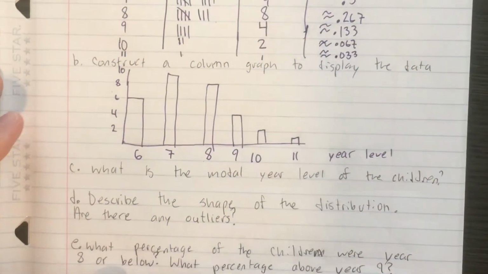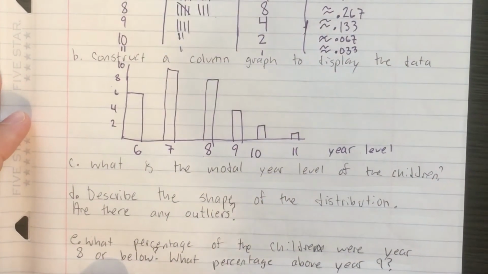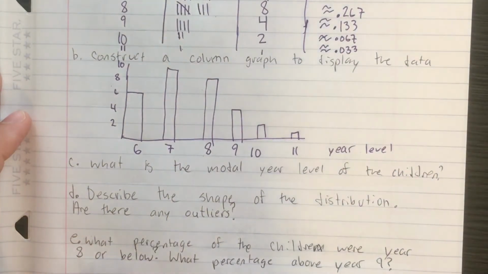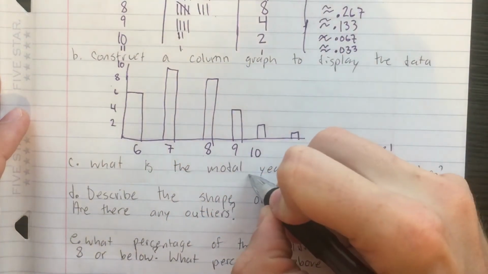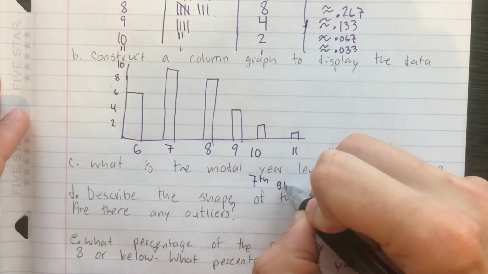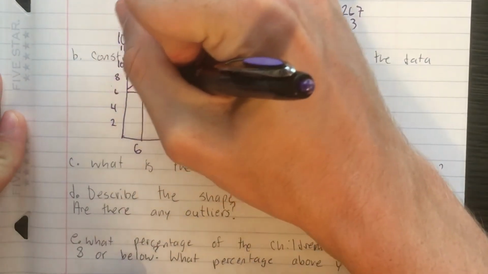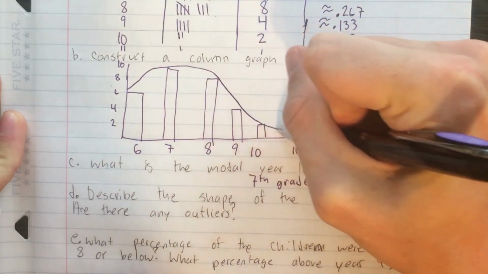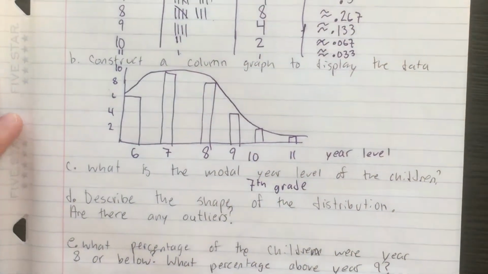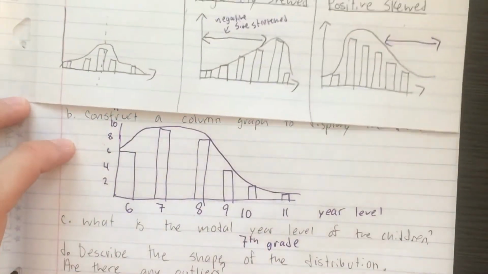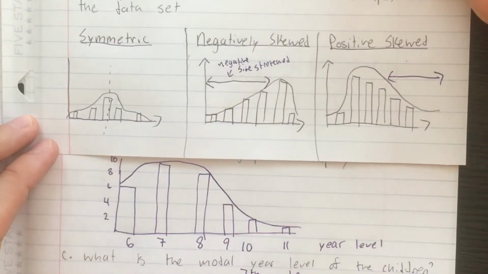So then we're talking about what is the modal year level of the children. What is the most commonly occurring one? That is 7th grade. We want to describe the shape of this distribution here. So again, if we make a curve like that, we want to answer the question, which of these three does it look the most similar to?